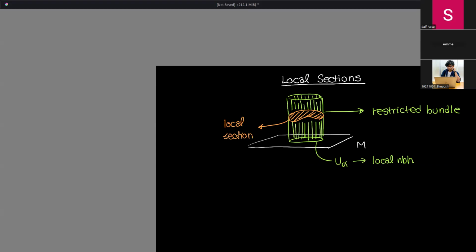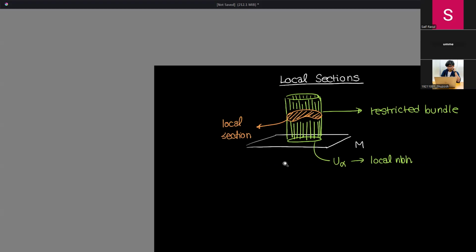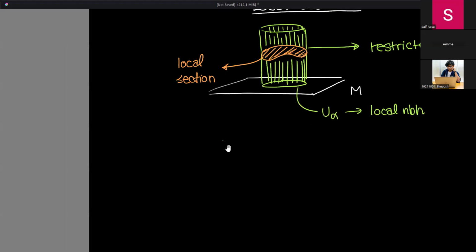Now, these are interesting because one thing that we can do with these is we can make something called a local frame field. This is the last thing we're going to be talking about today.